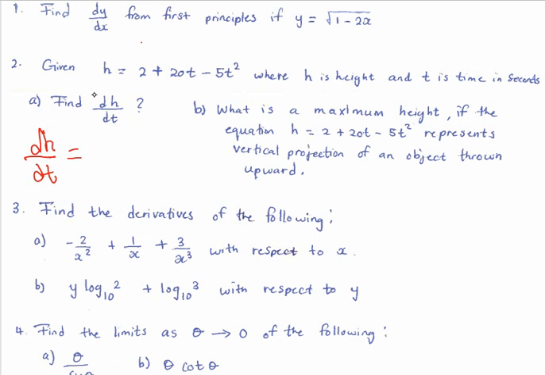And you'll have your solution as negative 10t plus 20. That is a constant, so it's going to become 0. So that should be your equation.